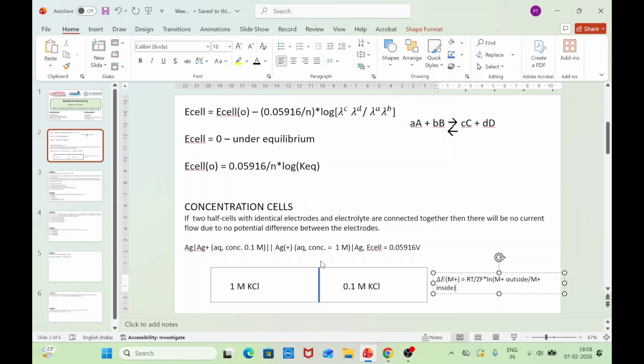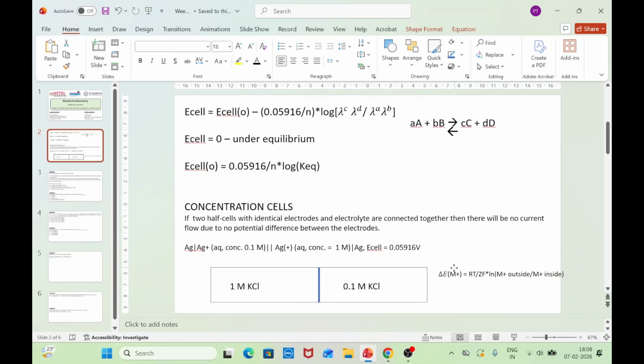So this is the exact concept that we are going to use in the nerve cells as well.